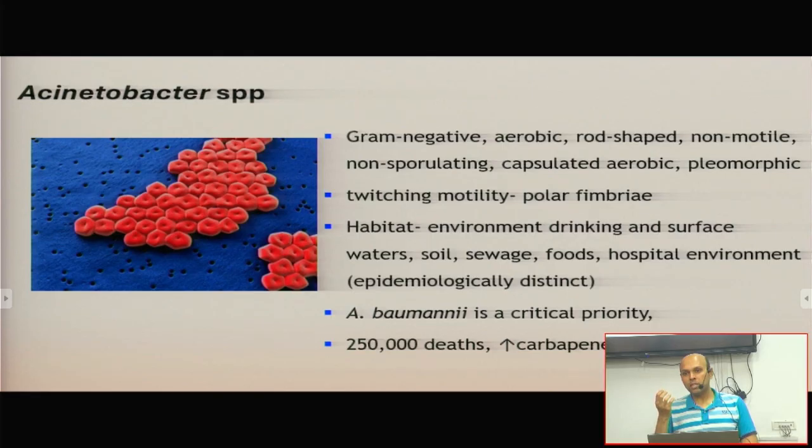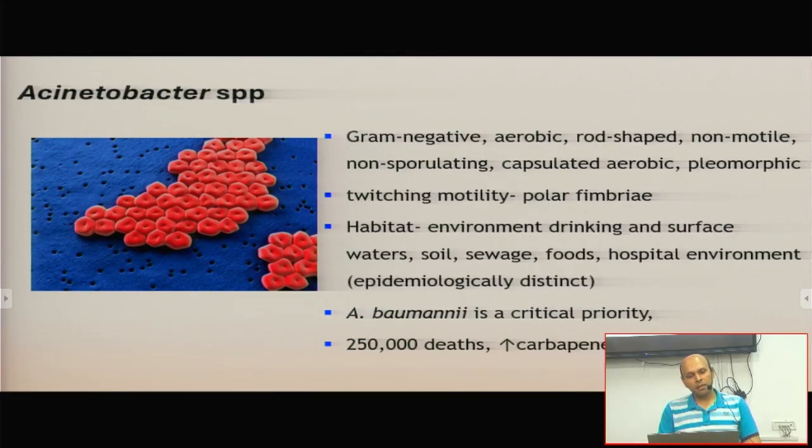You know what motility is, right? Flagella provide motility. It doesn't have flagella, but it exhibits what is known as twitching motility. There is gliding, sliding, twitching, so many different types of motilities, and different bacteria exhibit different types. This one exhibits twitching motility.